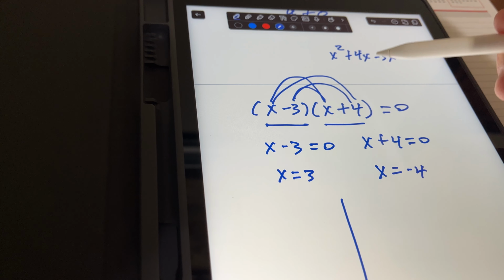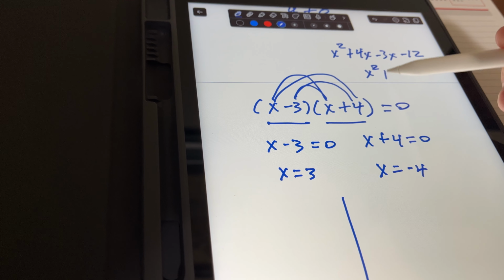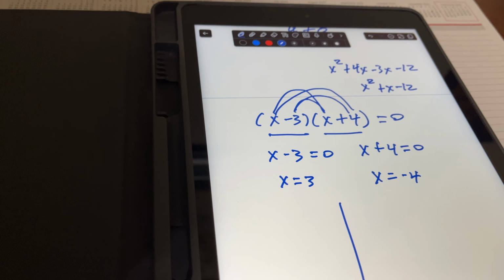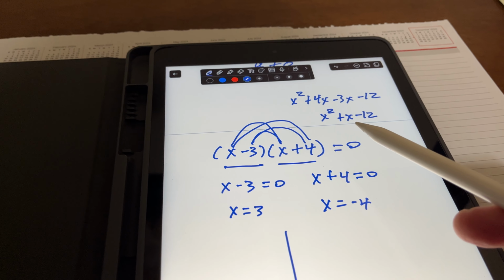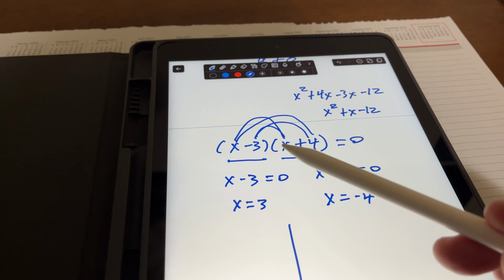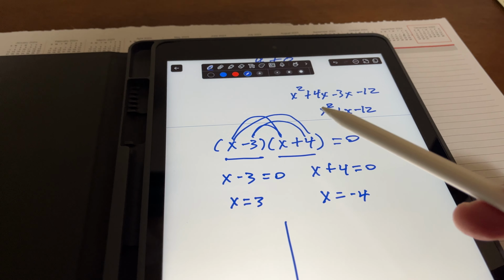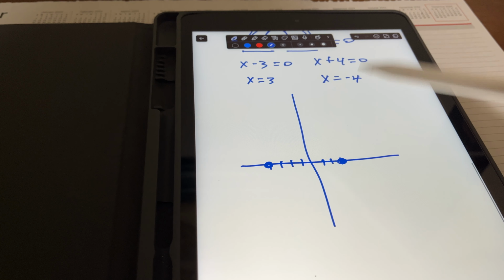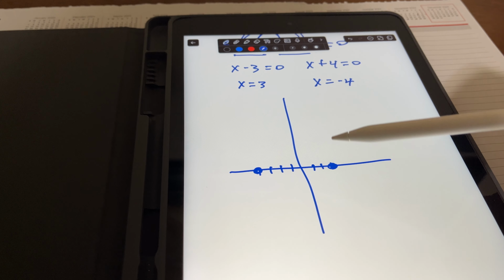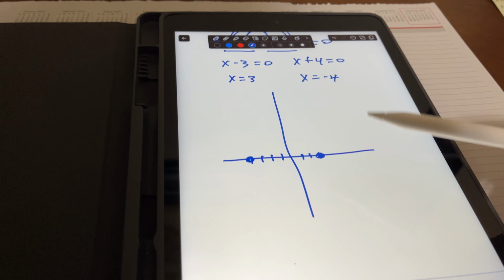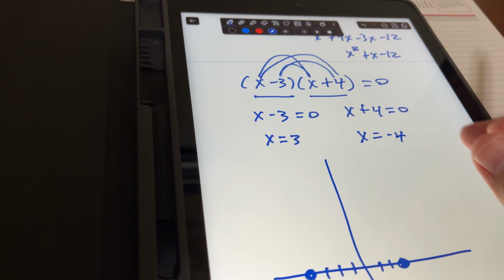If I multiply those together, here's what I end up with. On this multiplication I get a positive value, which tells me that this is not opening downward, it's a smiley face. It's opening like this. So the question is, where's the vertex on this?